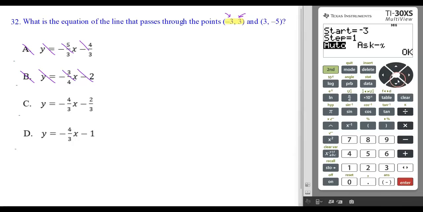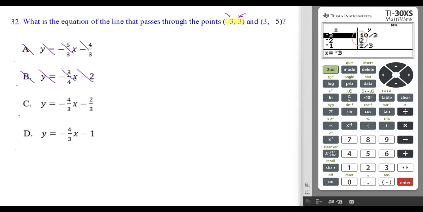Hit enter, go down to OK. Let's see, -3. This is -3, 10/3. Again, in the first column, I have a -3. In the second column, I need to see a 3. I don't. I see a 10/3. So C's gone, and D is my answer.